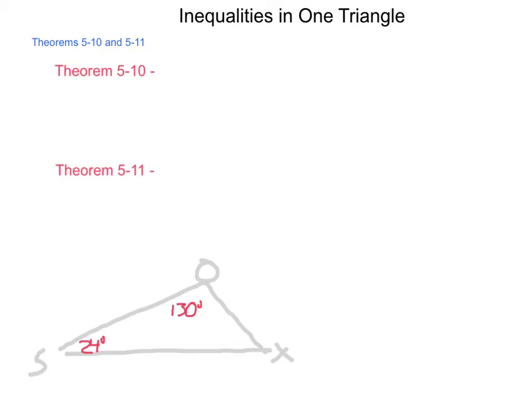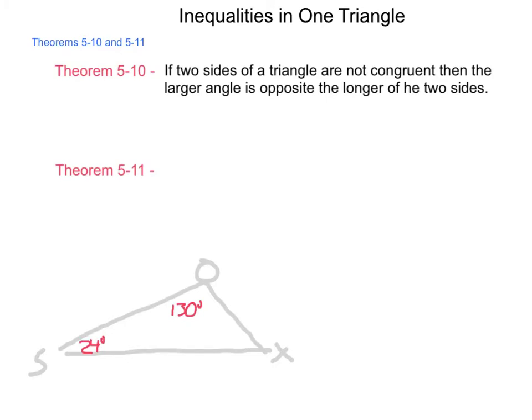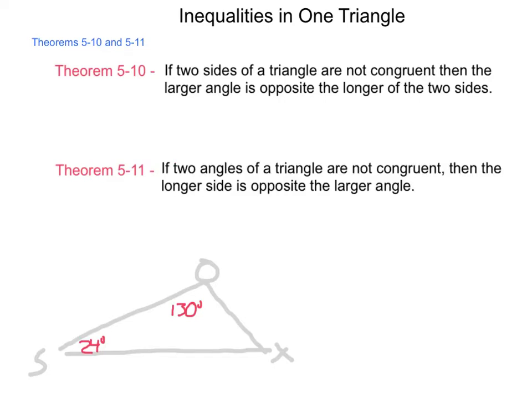Theorem 510 states, if two sides of a triangle are not congruent, then the larger angle is opposite the longer of the two sides. Theorem 511 goes along with this. It states, if two angles of a triangle are not congruent, then the longer side is opposite the larger angle. So it's kind of like a converse of the previous statement, but we're looking at it from the angle point of view instead of the sides.